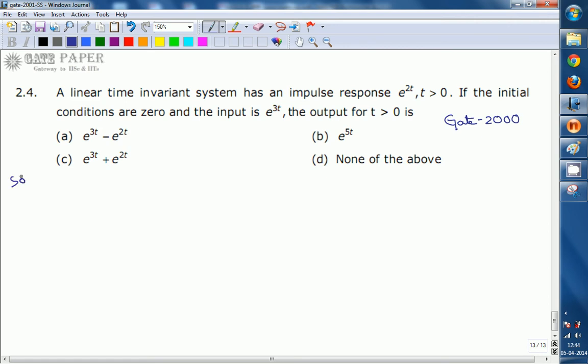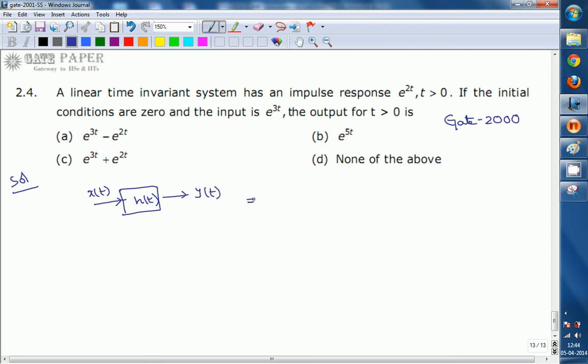Coming to the solution. Given a linear time invariant system with impulse response, let us consider h(t) with input x(t), then we need to find the output y(t).